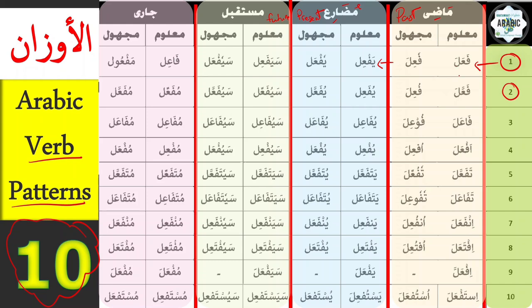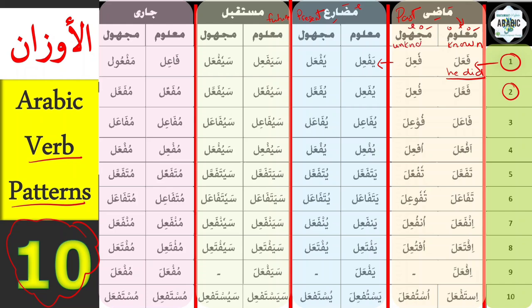So fa'ala is he did something. And we're talking about madi. Ma'loom is known. You know who did the action. And I'll give you some examples in a minute. Then majhool is unknown.